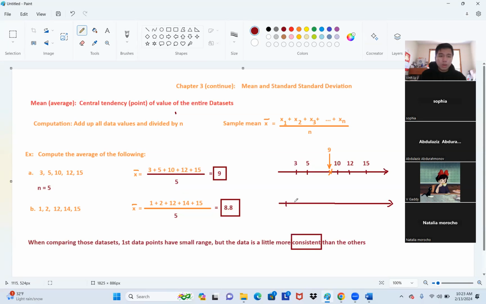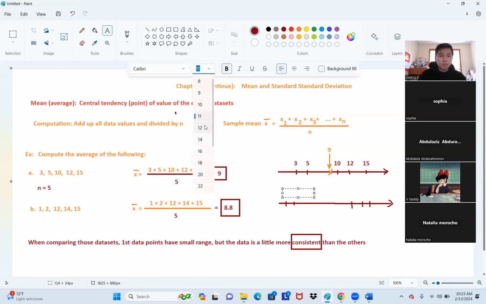And then 2, and then 12, and then 14 and 15. So the average that we have was 8.8, should be around here.